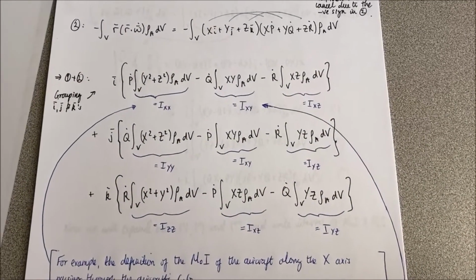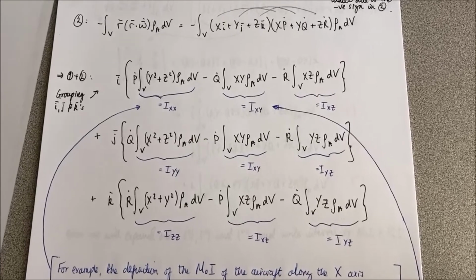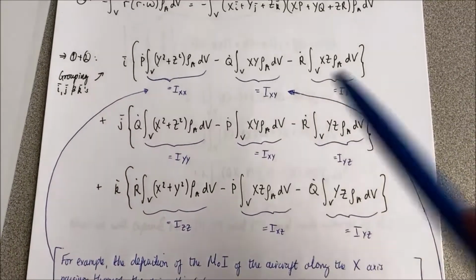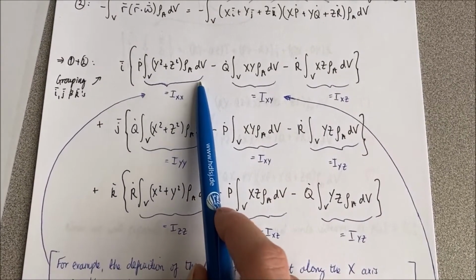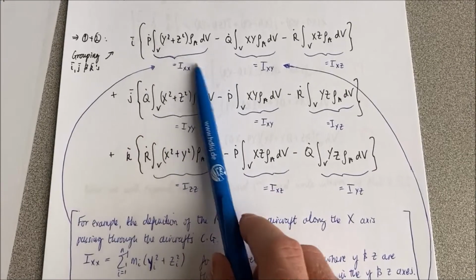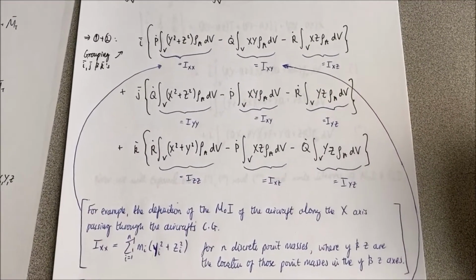Now, the last little bit that we need to discuss about this horrible looking equation here is what these terms actually mean. Well, it turns out that these are the definitions of moments or products of inertia.